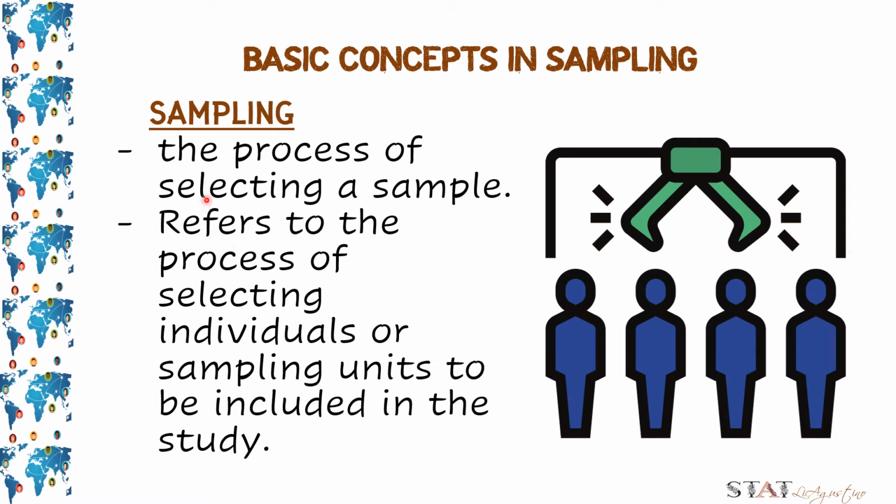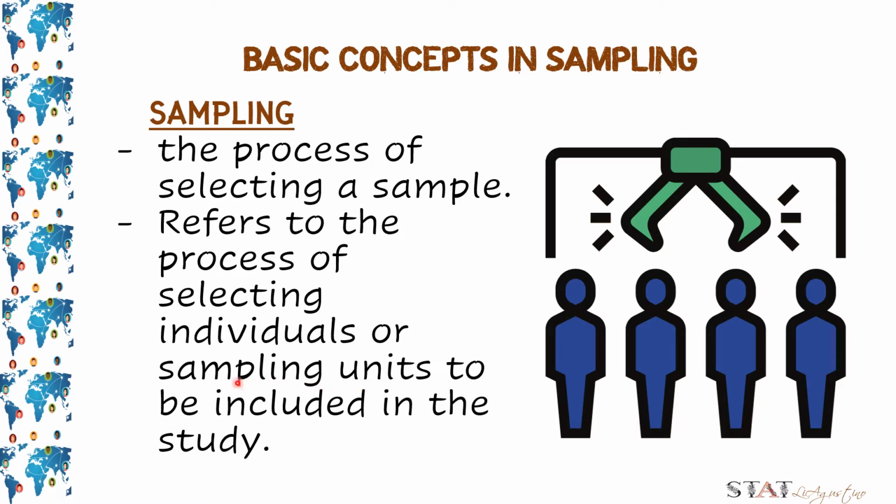And then, what is sampling? Sampling is the process of selecting a sample. It refers to the process of selecting individuals or sampling units to be included in the study. Sampling units are the units that receive your treatments, especially for experimental researches.